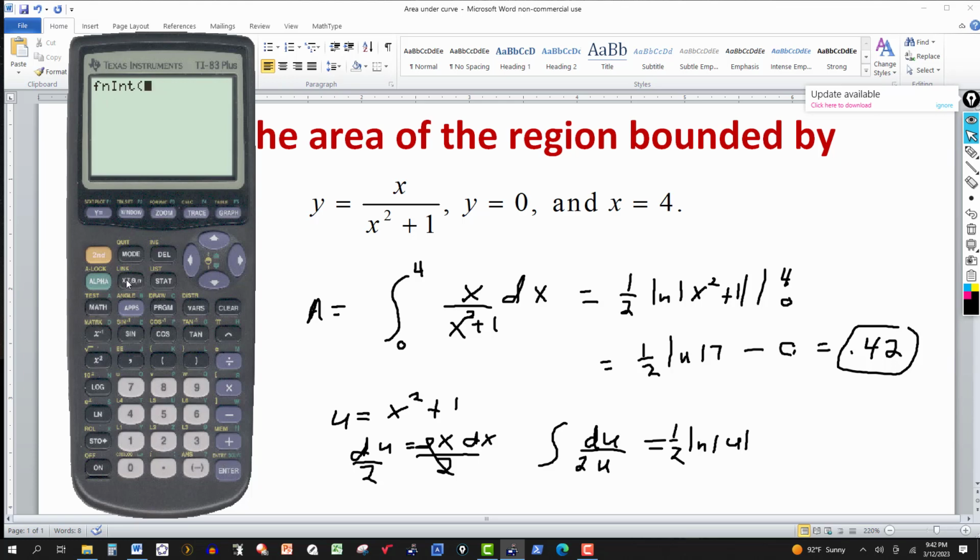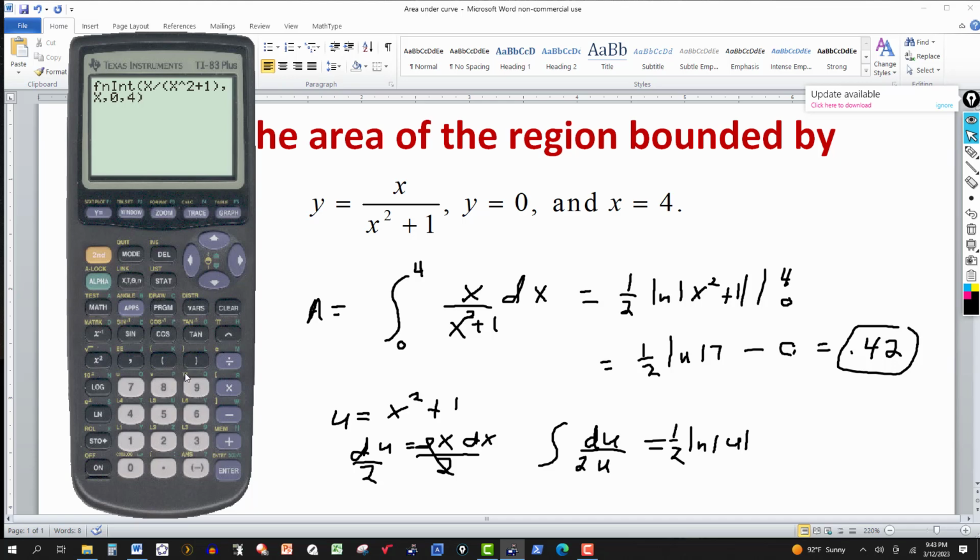This will be x divided by, in parentheses, x squared plus 1. So we want the definite integral of this one. So we enter comma and then tell the calculator the variable we're using here, it's x, and then another comma. And then the limits of integration are from 0 to 4. So enter 0, comma, and 4, close parentheses.